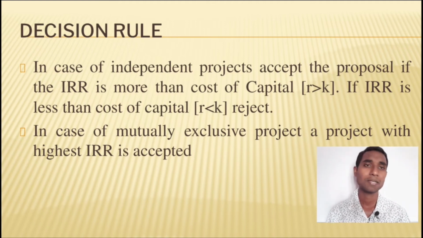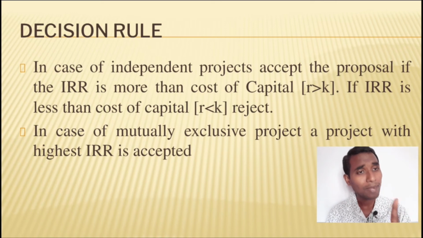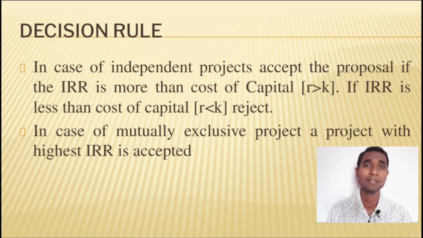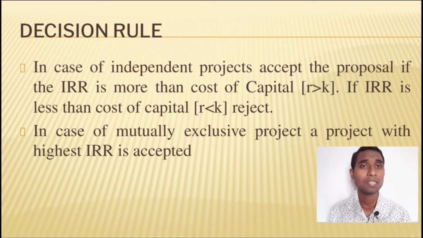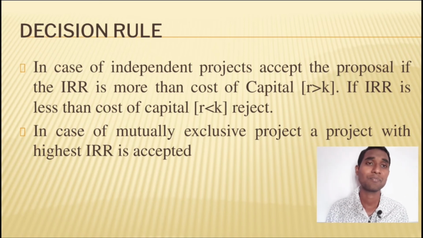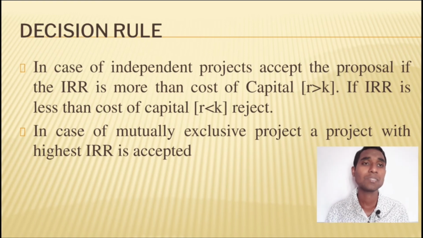In case of an independent project, that means where we have only one project, accept the proposal if the IRR is more than the cost of capital. Here IRR is represented by small r and cost of capital by small k. So if r is greater than k, that means the calculated IRR is more than the cost of capital, then you need to accept it.